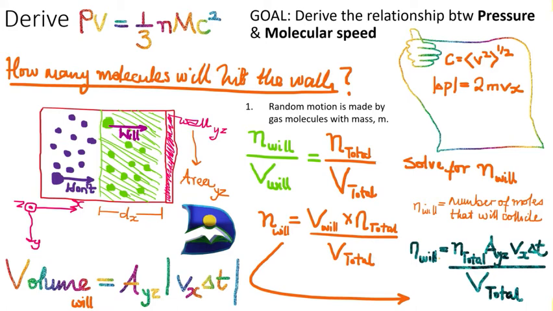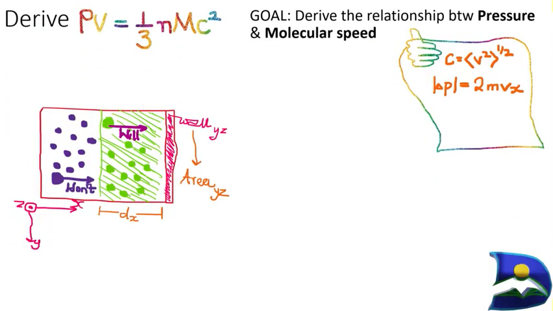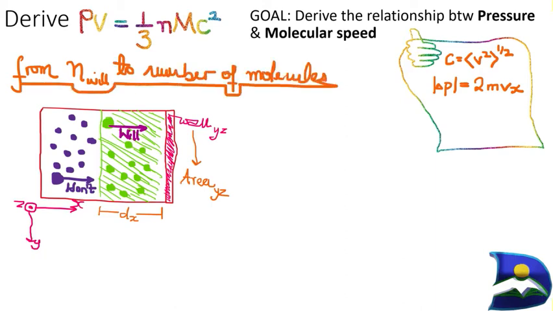With the total volume considered and the number of moles that are going to collide with the wall, we move on to the next step, which involves how we are going to incorporate the number of moles into the number of molecules.